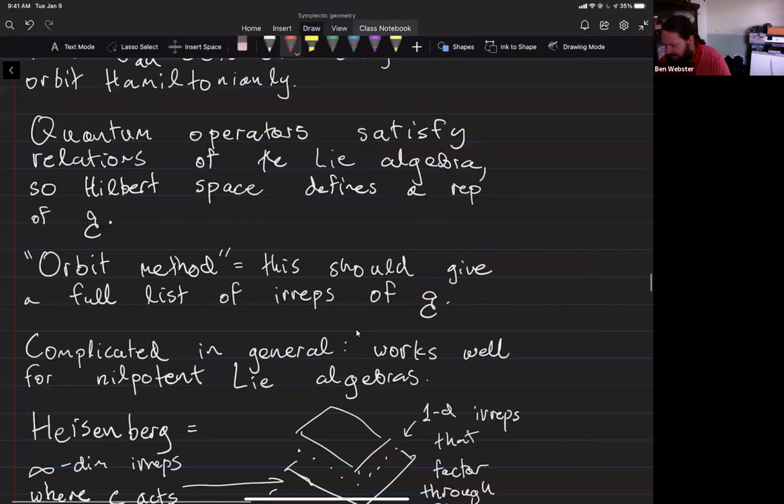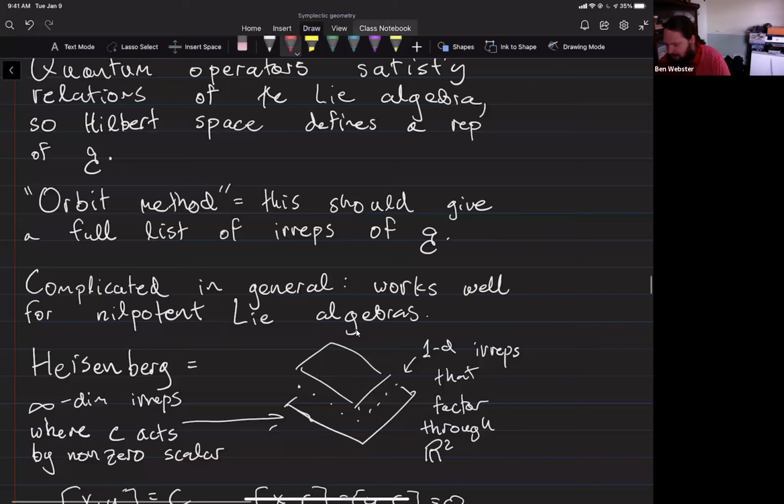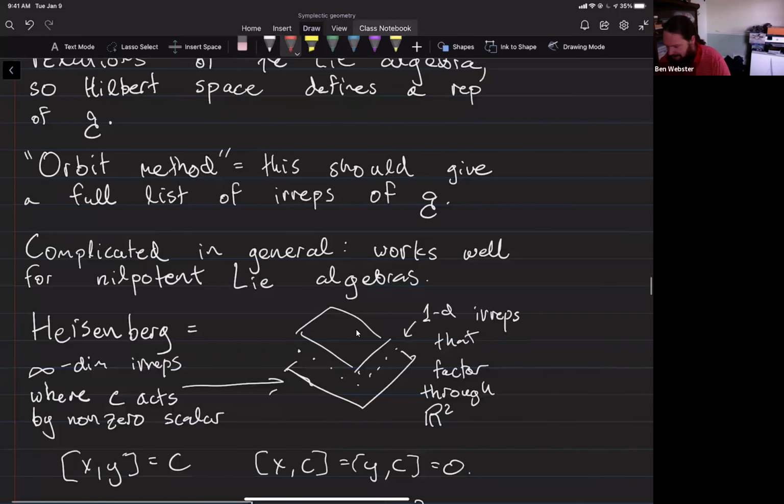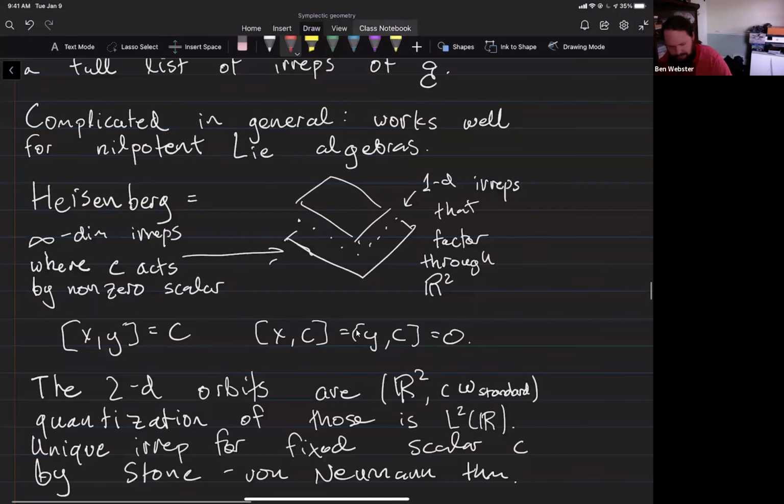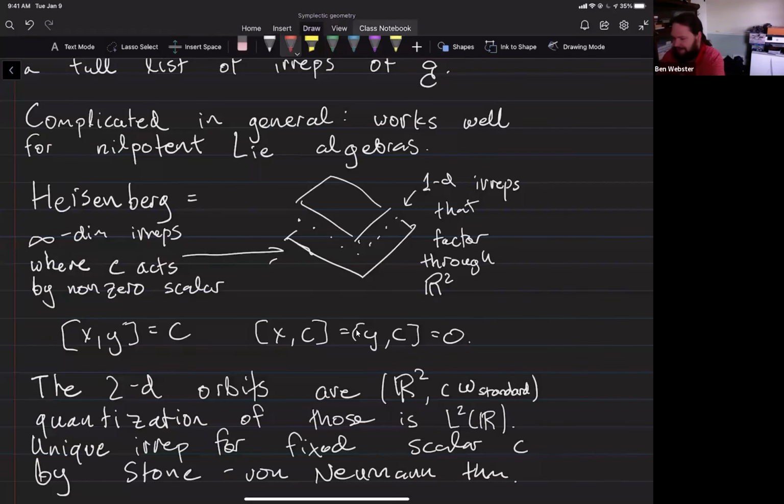Famously, this works surprisingly well with nilpotent Lie algebras. So let's recall the example of the Heisenberg. What do the coadjoint orbits of the Heisenberg look like? Well, it has this central element C. C gives me a function on the dual of the Lie algebra.